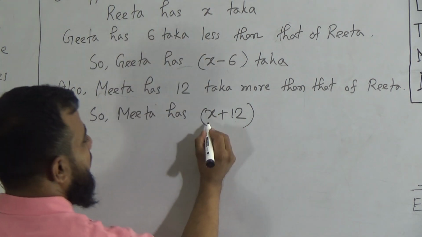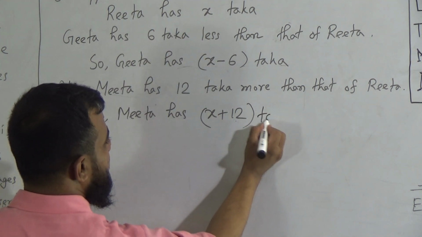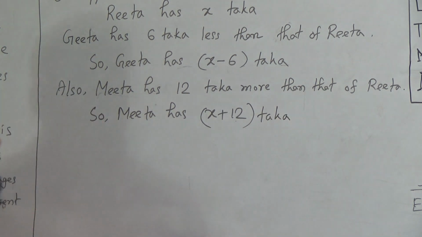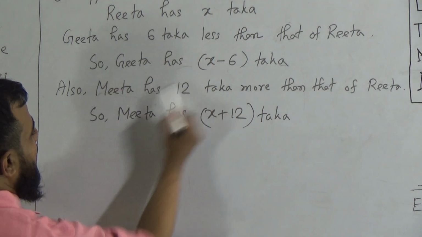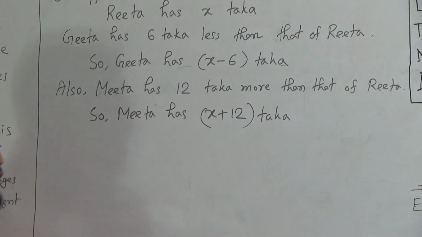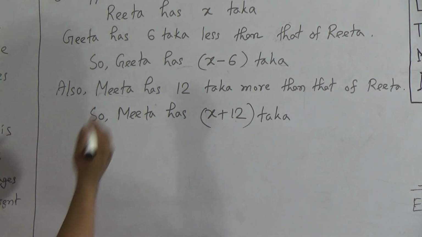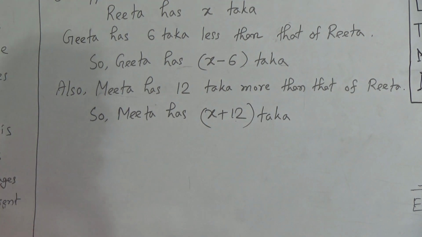Okay, so we can write down x plus 12 taka belongs to Mita. Now the question says that Mita, Geeta and Rita together have 180 taka altogether. That's why if we add these 3, then we will get 180 taka.